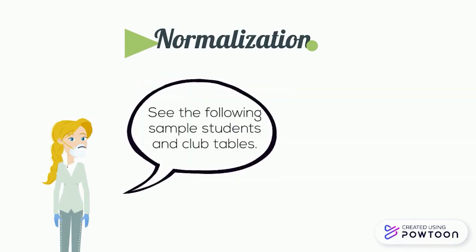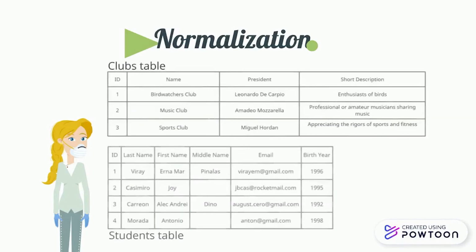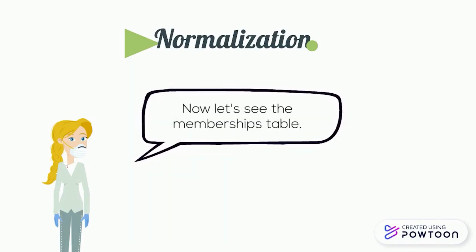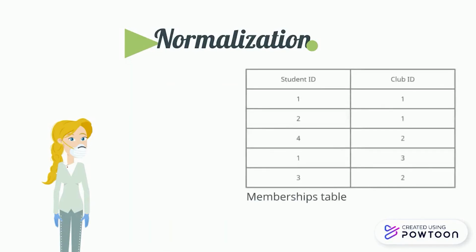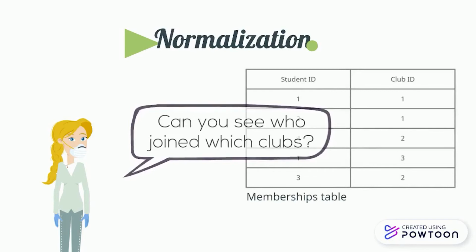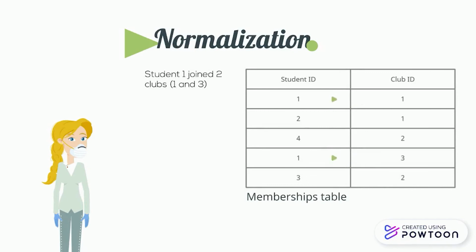See the following sample students and club tables. Now, let's see the memberships table. Can you see who joined which clubs? Student 1 joined two clubs, 1 and 3.